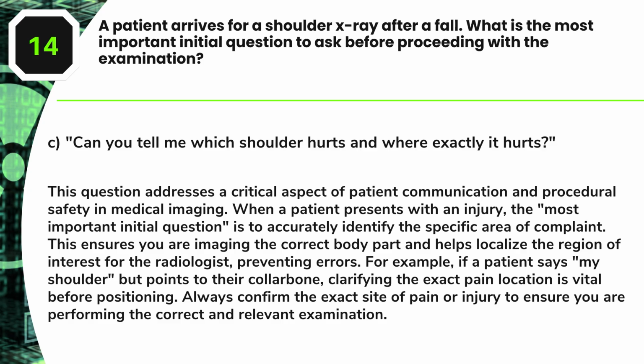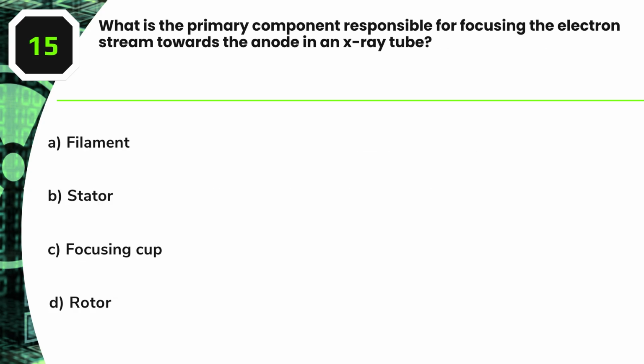This ensures you are imaging the correct body part and helps localize the region of interest for the radiologist, preventing errors. For example, if a patient says my shoulder but points to their collarbone, clarifying the exact pain location is vital before positioning. Always confirm the exact site of pain or injury to ensure you are performing the correct and relevant examination.